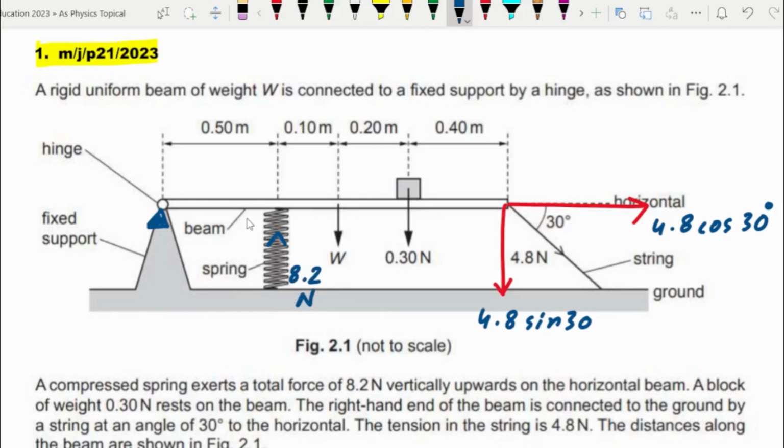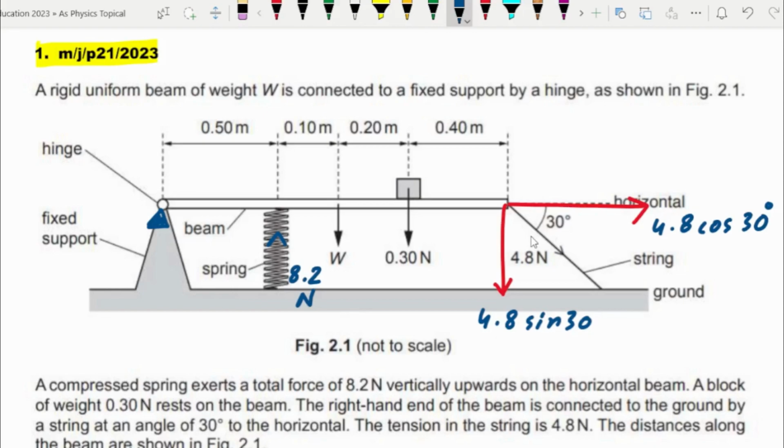So how many forces do we have about this pivot? One of the forces is this one, which is upward, 8.2. The other force is W, which is downward. The third force is 0.30 Newton, which is also downward. And the force of 4.8 Newton is not perpendicular to the distance.